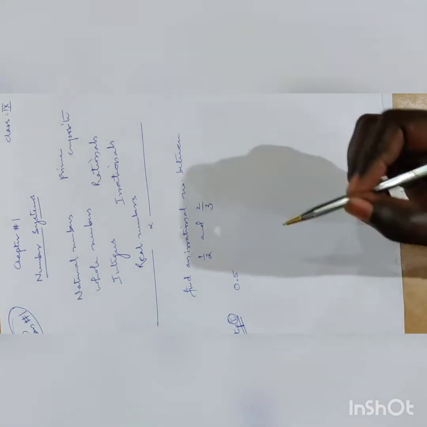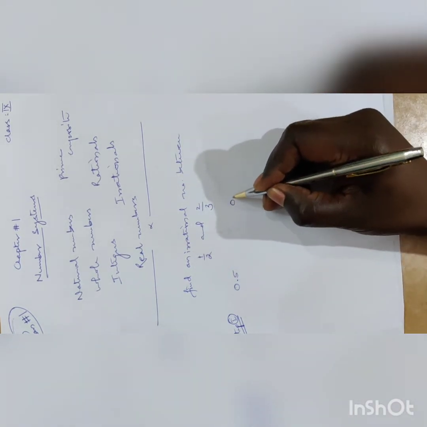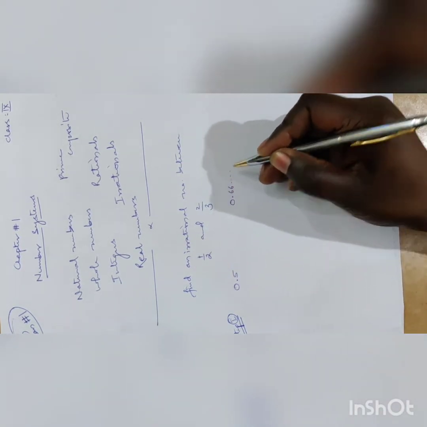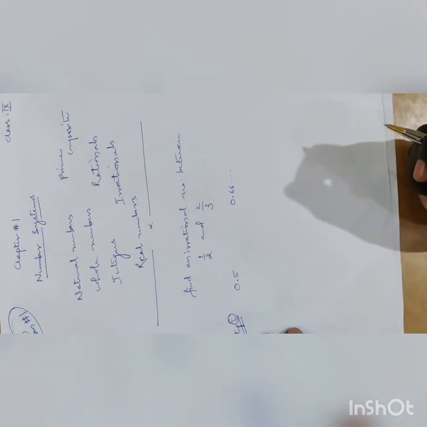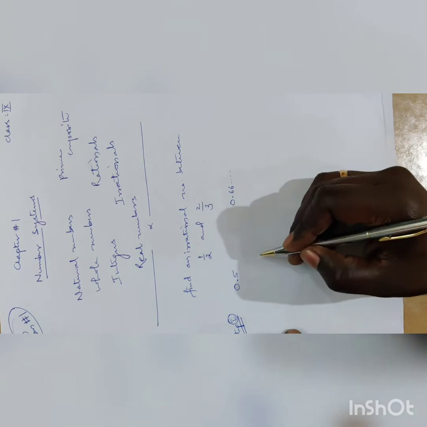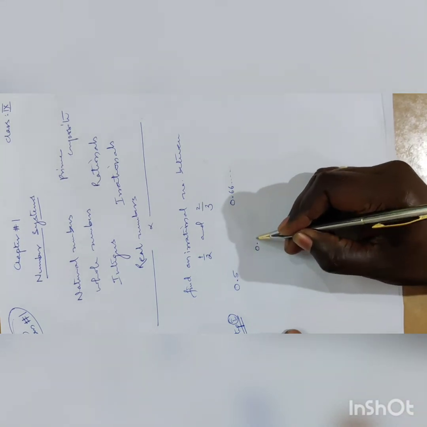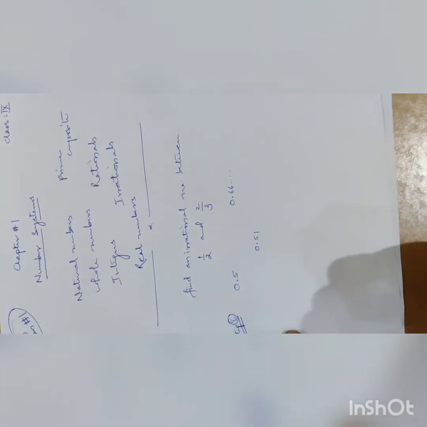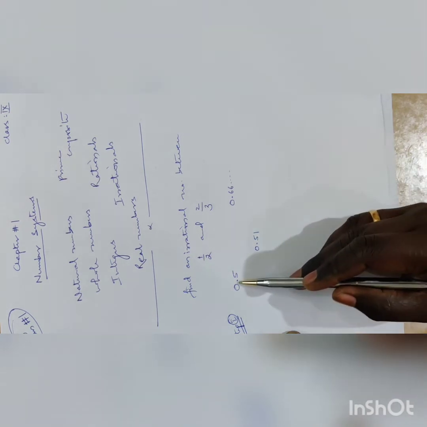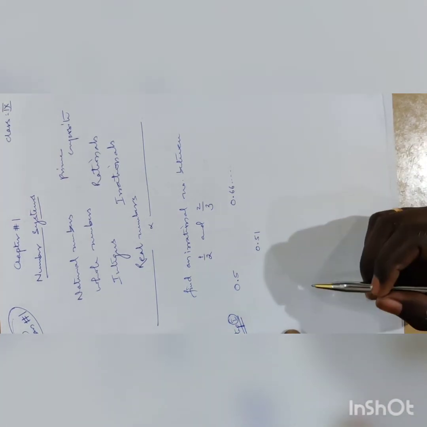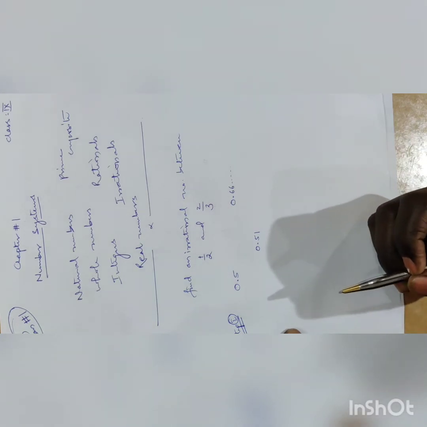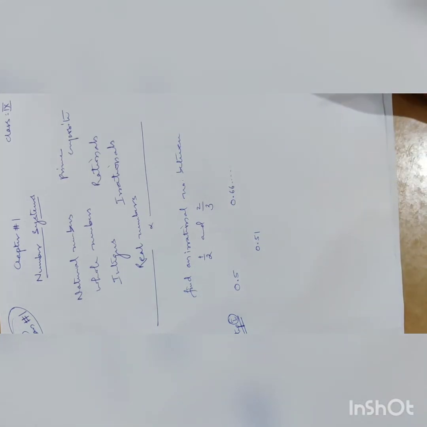Convert them into decimals, and 2/3 can be written as approximately 0.66... So can you now find a rational number between them? Very easily. A rational number between them can be 0.51, right? This is between 0.50 and 0.66. But the question is not finding a rational number, the question is to find an irrational number.